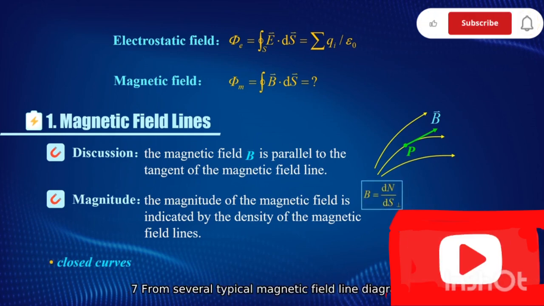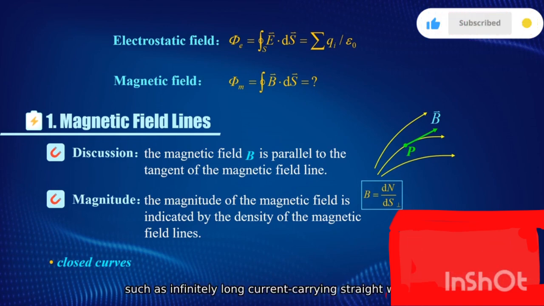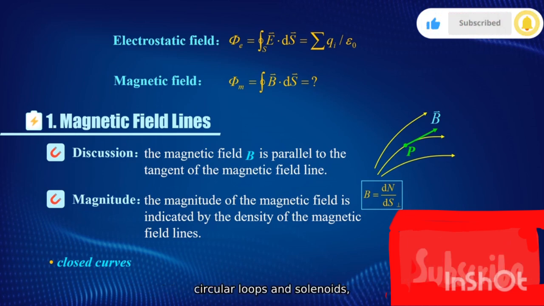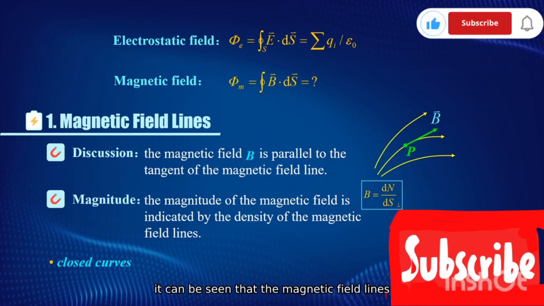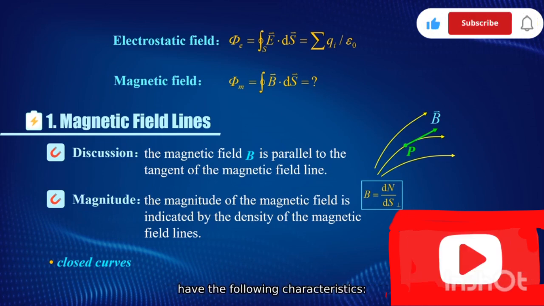From several typical magnetic field line diagrams, such as infinitely long current-carrying straight wires, circular loops, and solenoids, it can be seen that the magnetic field lines have the following characteristics.